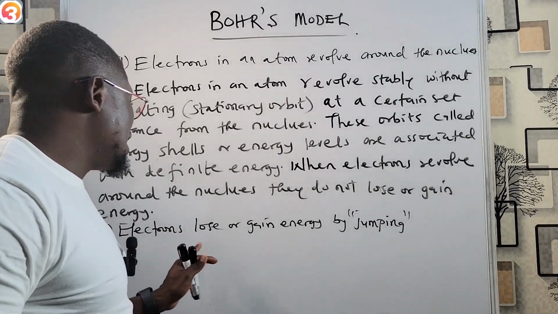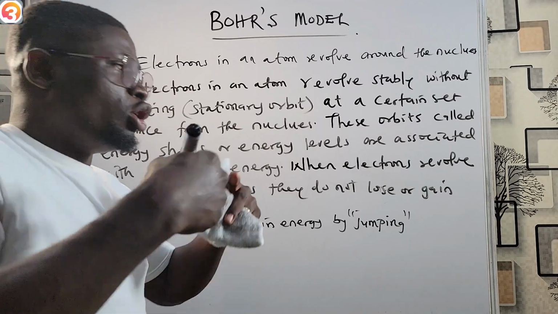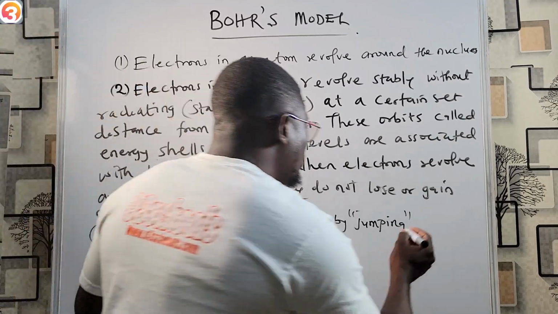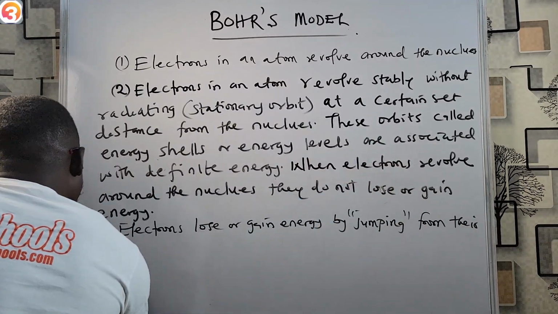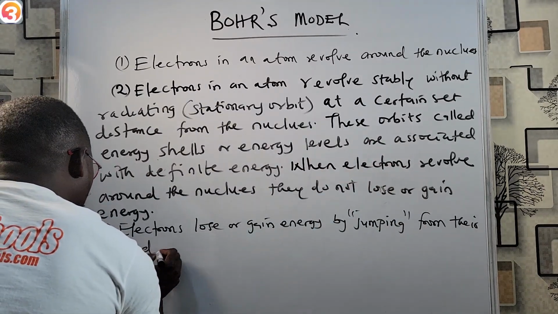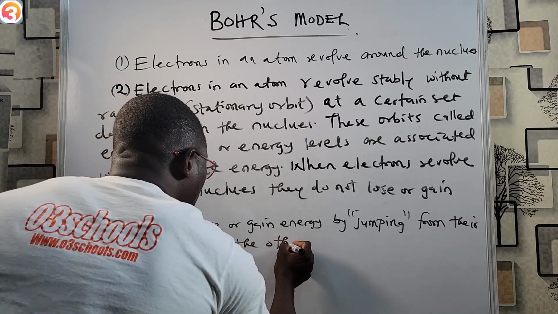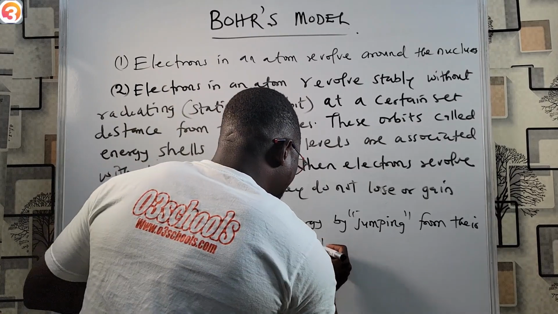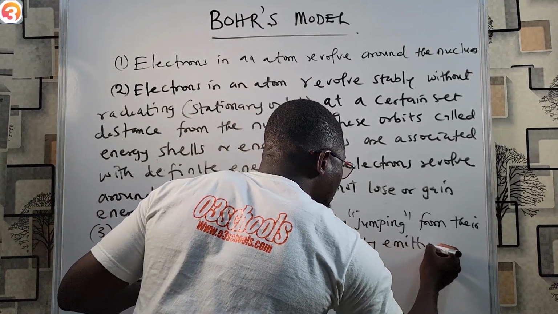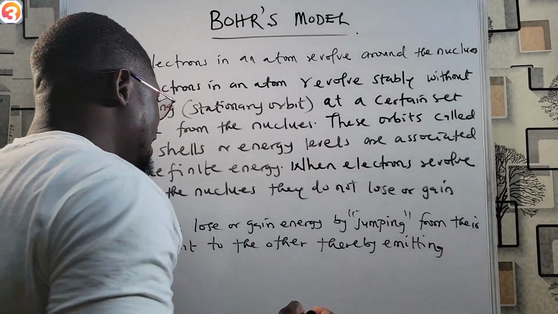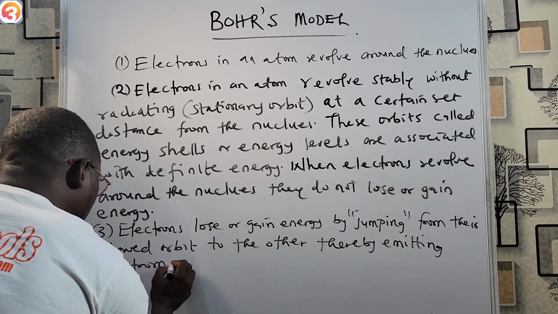So if electrons want to lose or gain energy, they have to jump from their allowed orbit to the other, thereby emitting, we call them photons, emitting electromagnetic radiation.